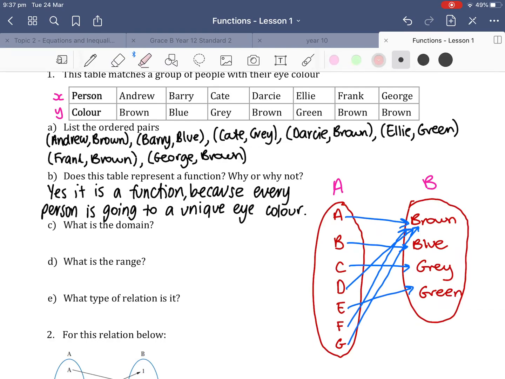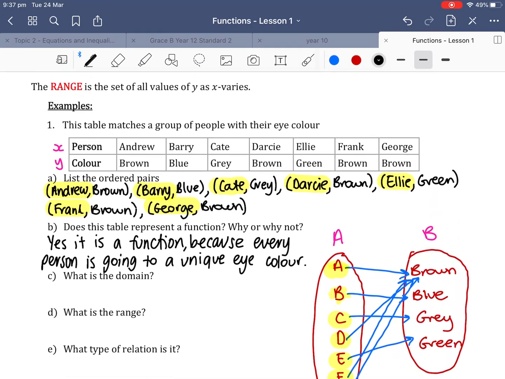So basically, when you have a set of ordered pairs like this, as long as there's not a double up of our X values, it will be a function, pretty much. So as long as there's not a double up of our X values, it will be a function.